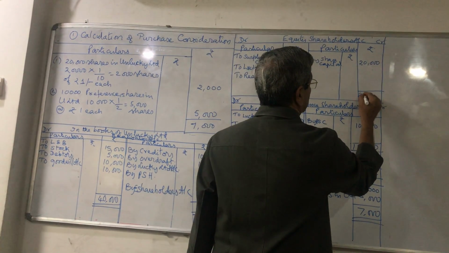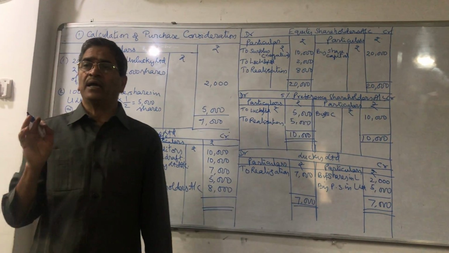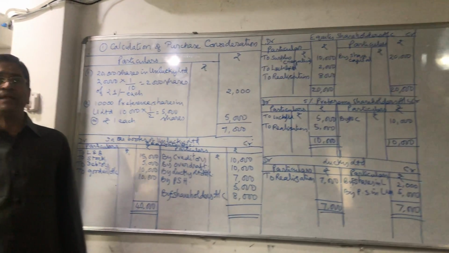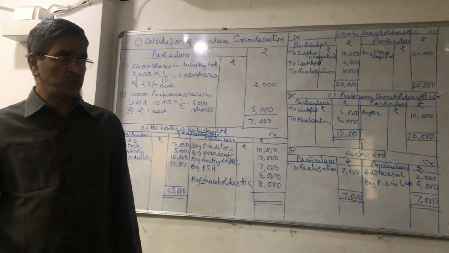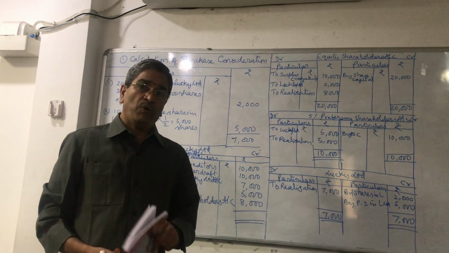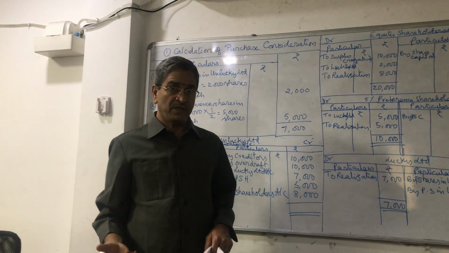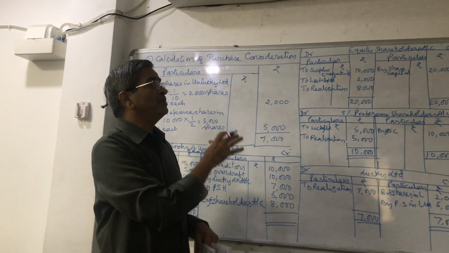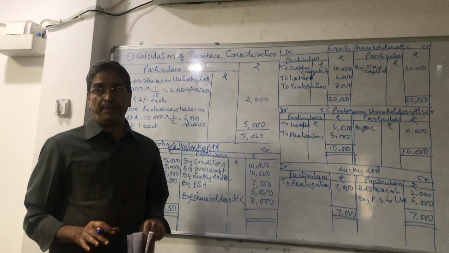This also gets closed. So you will find that not a single account remains with any balance. Then it's called closure of the accounts. We did a problem yesterday where we wrote journal entries, and now we are doing a problem with ledger accounts. This completes the vendor company.